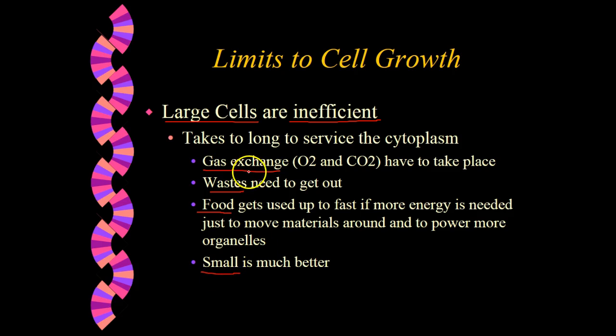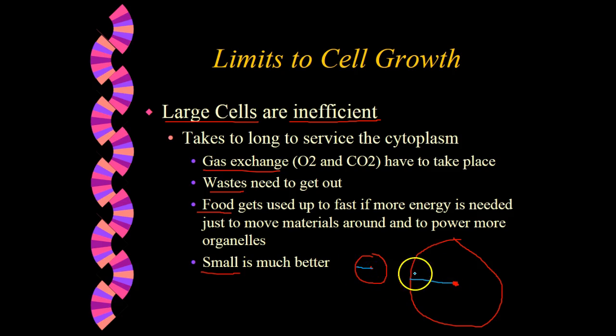Why is it better? If you are a small cell, meaning a cell this big versus a cell that's this big, and you need to get materials from the outside to the very middle of a cell, you're going to take essentially twice as long to get your materials into there as you do to get your materials in here.